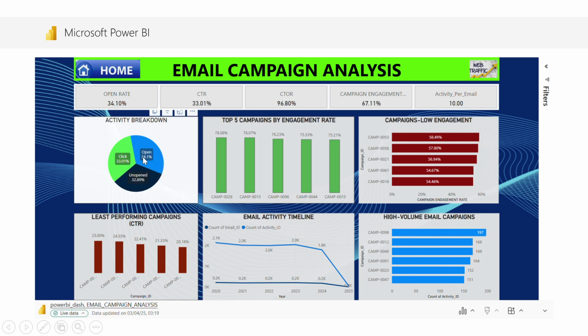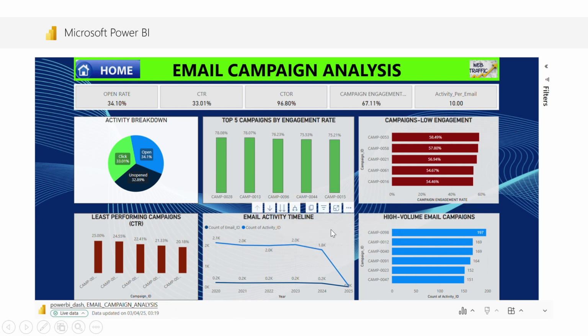These are unique opens and unique clicks. Out of the total emails sent, only 33% were clicked, and only 34% were opened. Some of the KPIs mentioned here are open rate, CTR, etc. Then the high volume email campaigns, the campaigns which had high volumes, top 5.